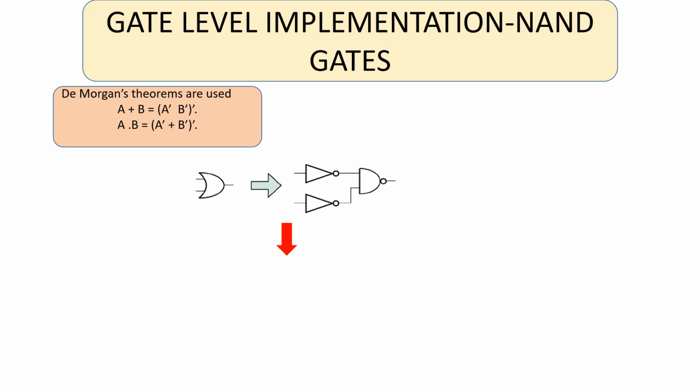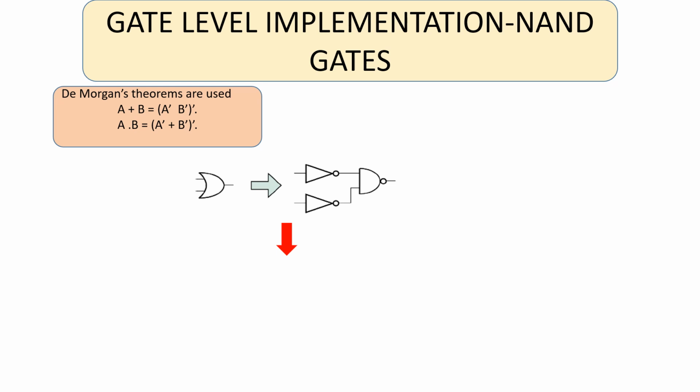A quick recap again on how an OR and an AND can be constructed by using only NAND. Look at the first expression, an OR. A plus B is the output of this OR. Consider the De Morgan's theorem. A plus B is equal to A bar into B bar, the whole bar. So take a NAND.